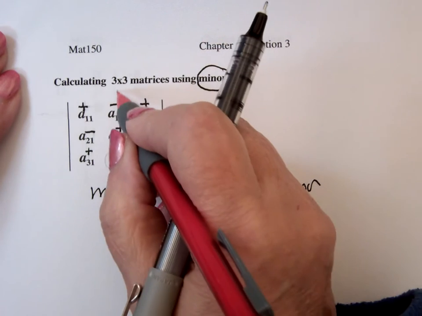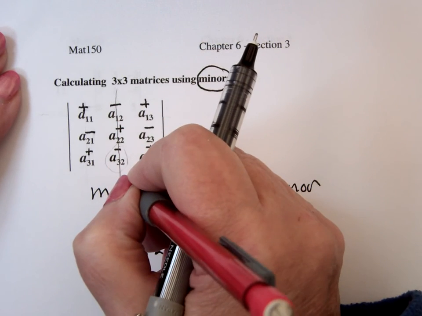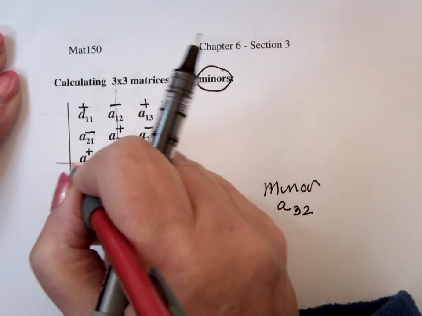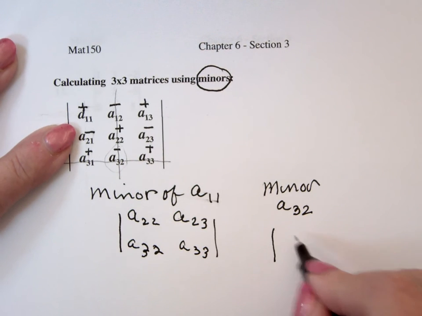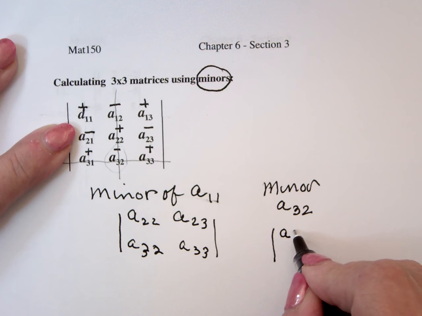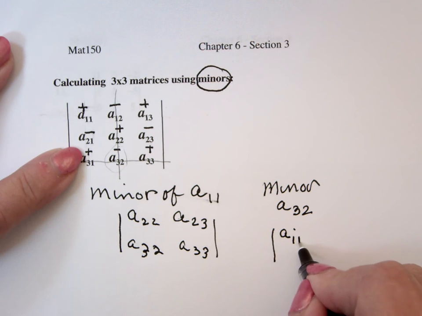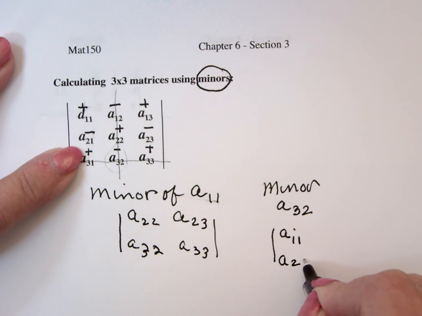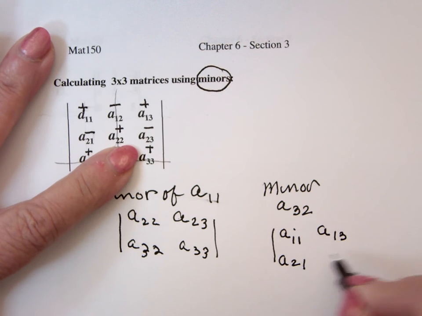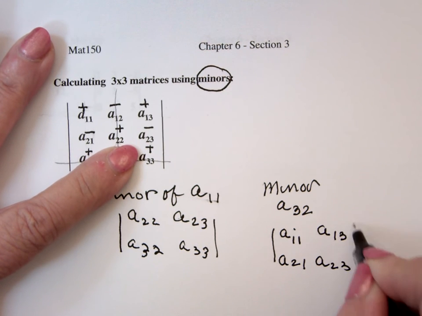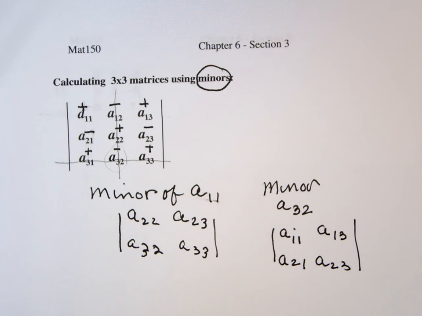So I cross out the column A32 is in. I cross out the row A32 is in. Its minor will be A11, A21, A13, A23. See how minors work?